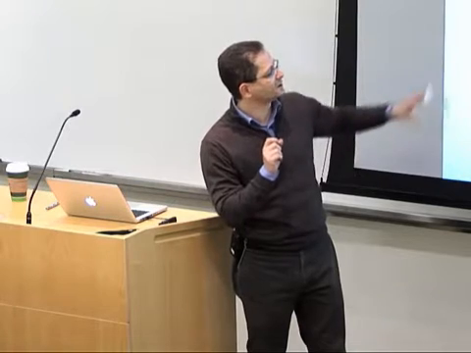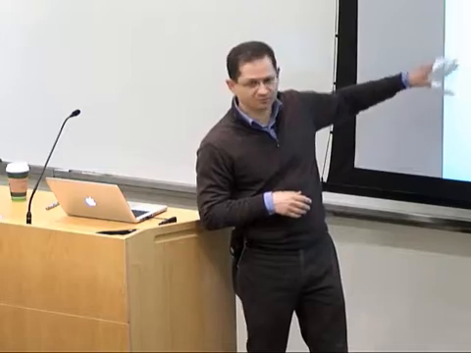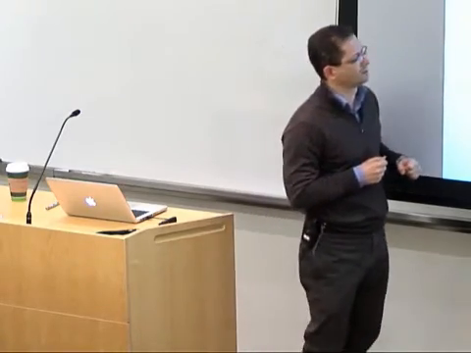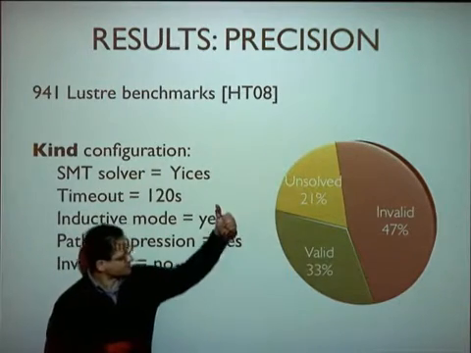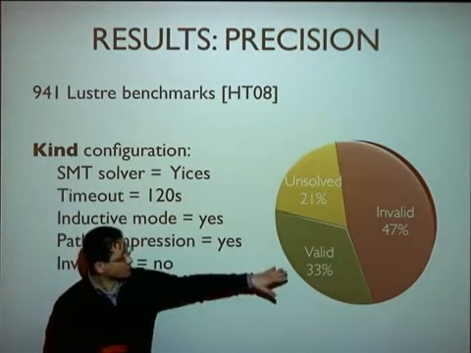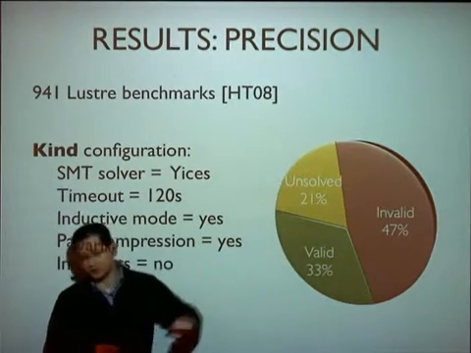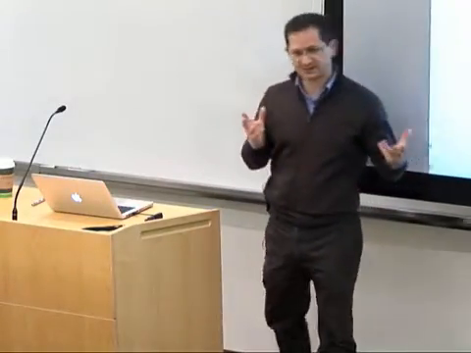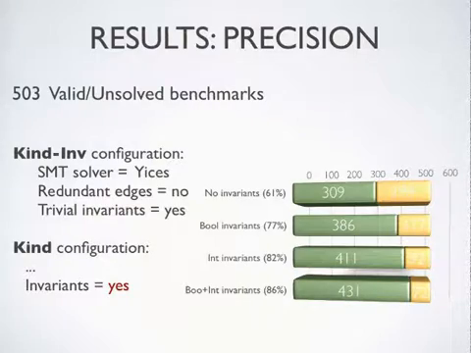If you run Kind in a decent configuration in inductive mode, that is, trying to prove invariance, Kind can prove 33% of these benchmarks valid, meaning the property is invariant, can disprove 47% by finding an actual counterexample, and is unknown, cannot solve, 21%. Now we throw in the invariant generators.